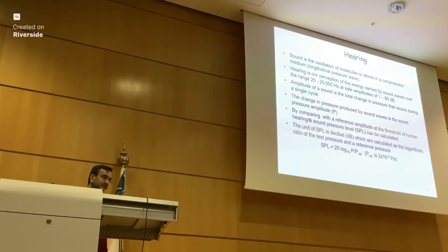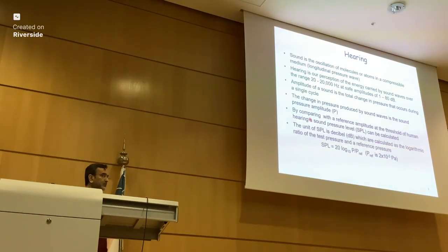This is the frequency we can hear. And in terms of amplitude or loudness, we can hear up to 80 to 120 decibels. This is the range in which we can best hear sound waves in terms of loudness. If it is above that, we can't hear it. If it is below that, we can't hear it.